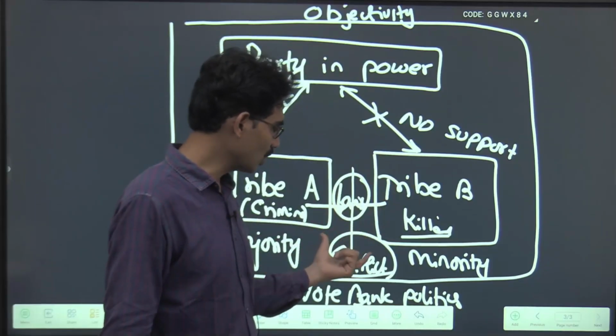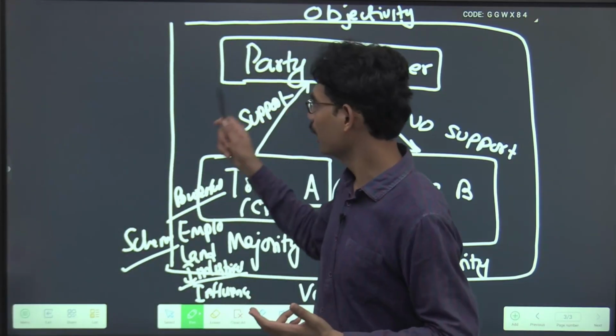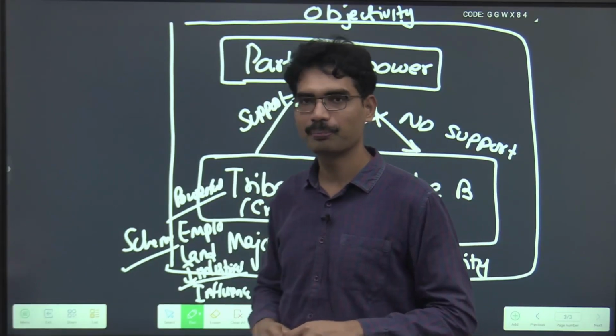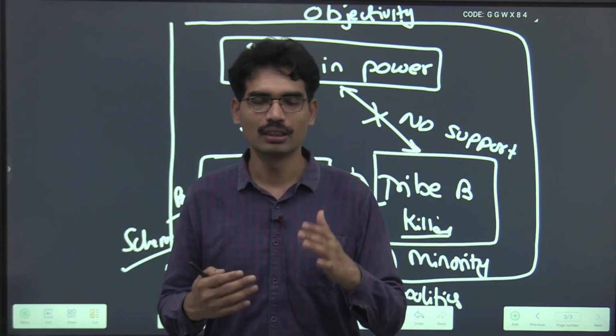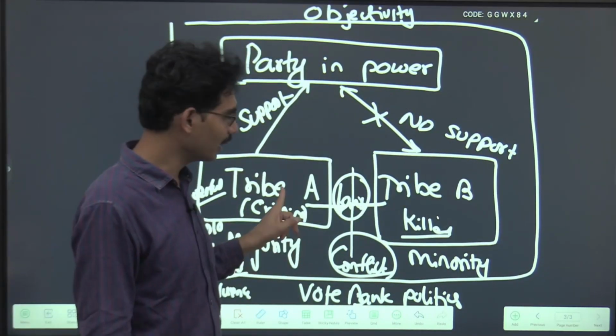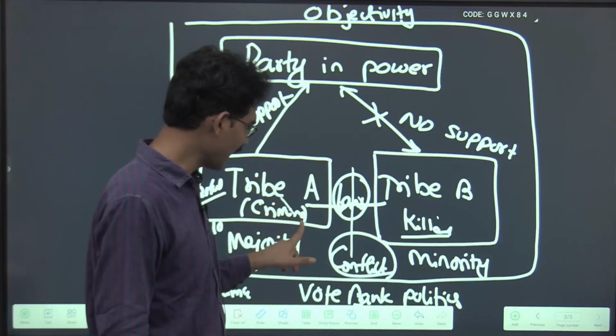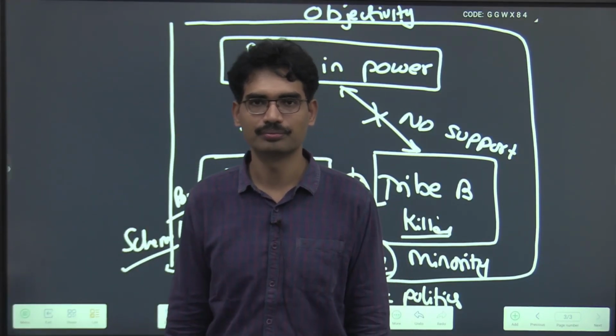When it comes to law and order, if conflict emerges between two sections of the people and one group supports you, even if they commit violence, the state will not take action against them, because they fear that their votes will go away.